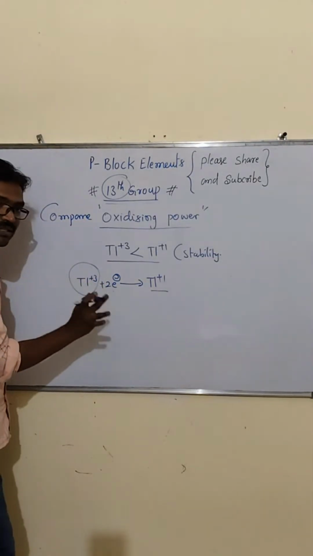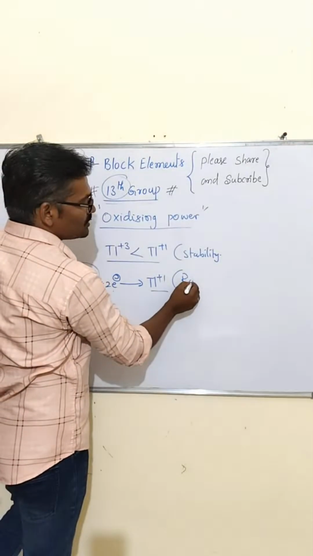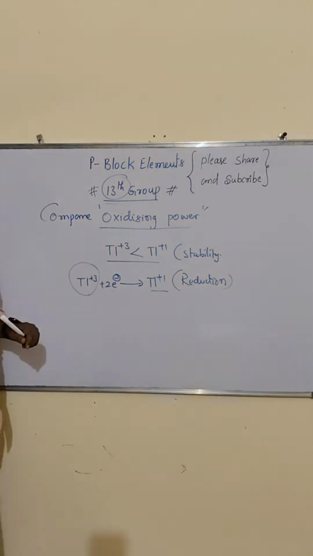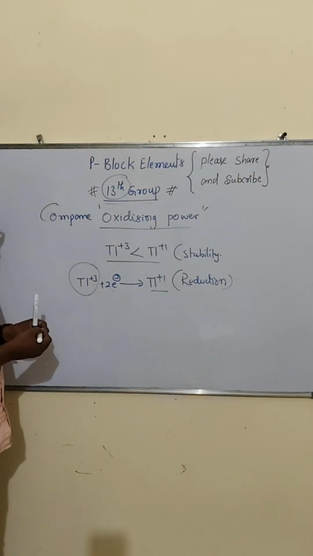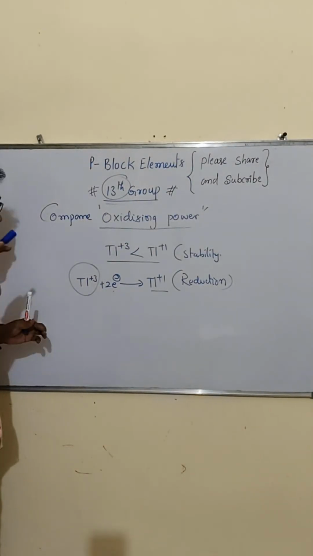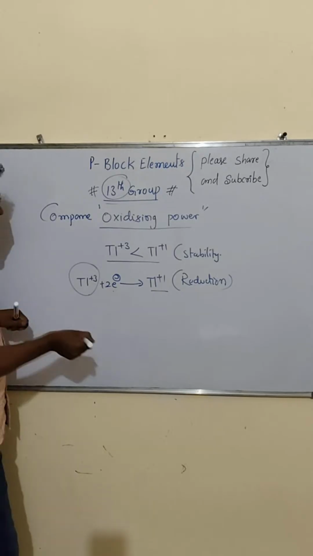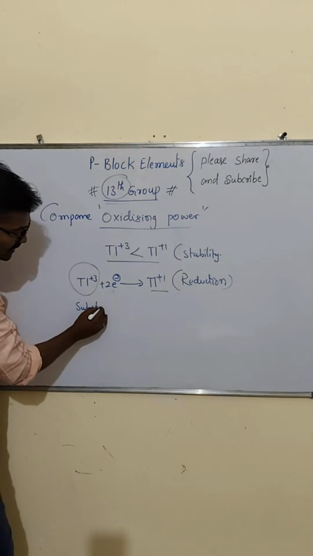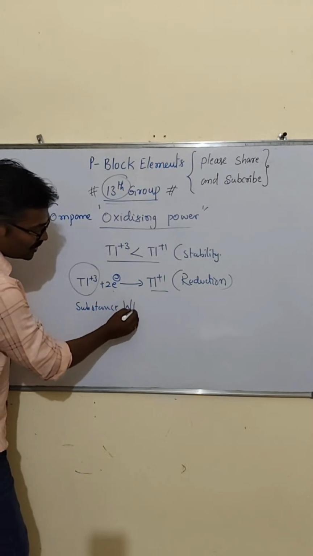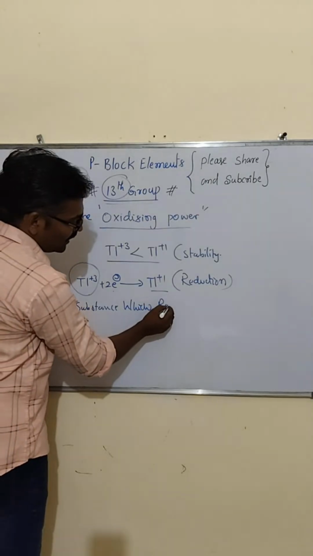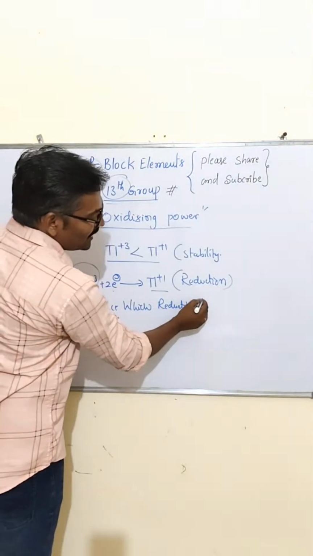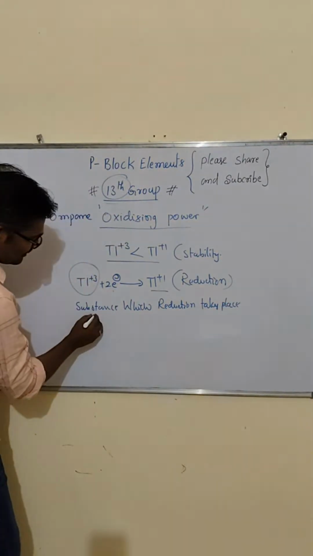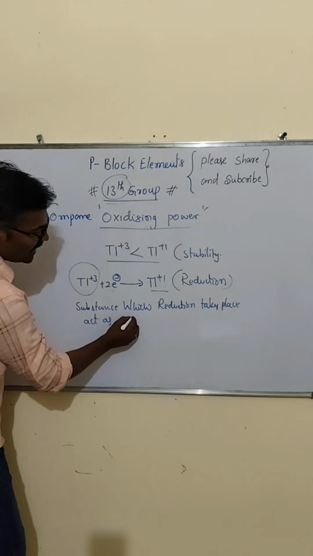So what happens in the reaction? Reduction happens. The gain of electrons we call reduction. The substance in which reduction takes place acts as the oxidizing agent.